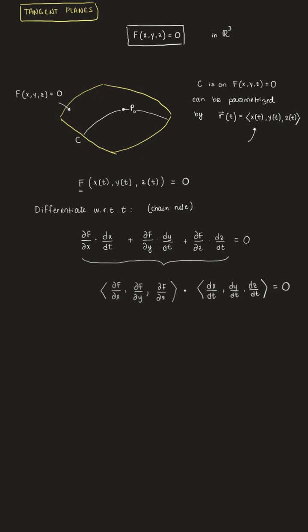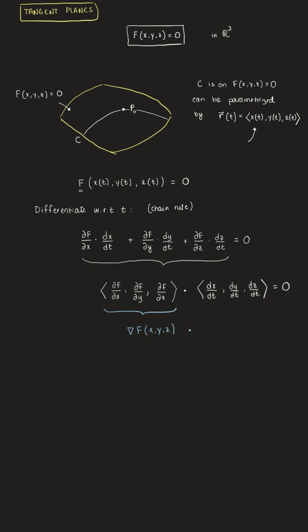All right, so let's identify each of these vector functions. We've seen this before. The vector that gives us the partial derivatives of a surface as its components is our gradient vector. So this gives us the gradient vector of our surface. And this is the dot product of the gradient vector.